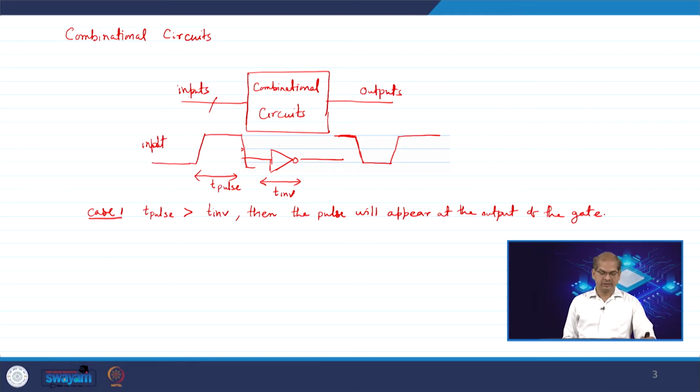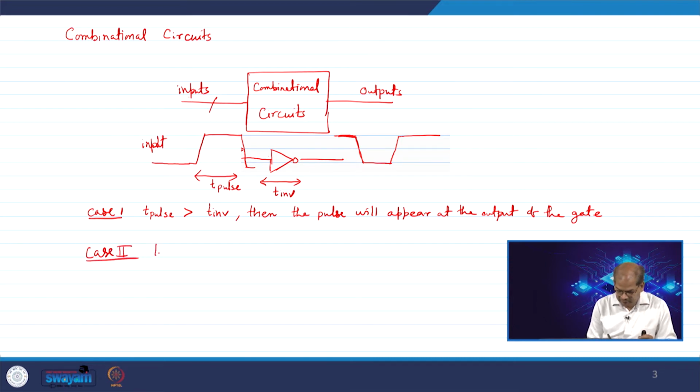Case 2: T pulse is less than T inverter. Then the pulse will not appear at the output.